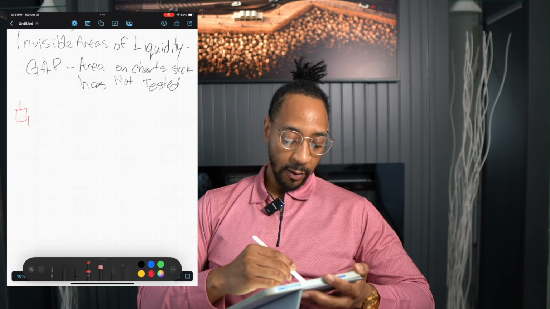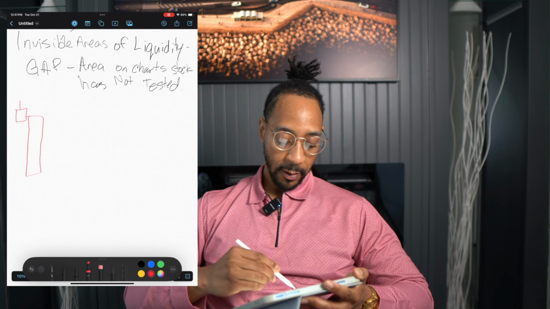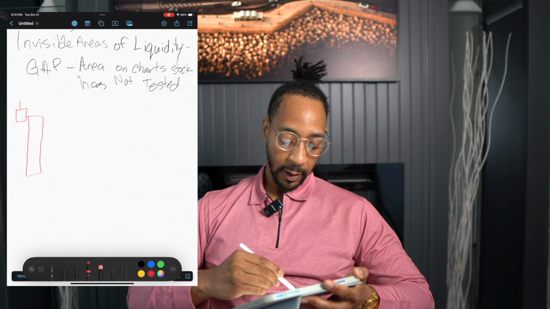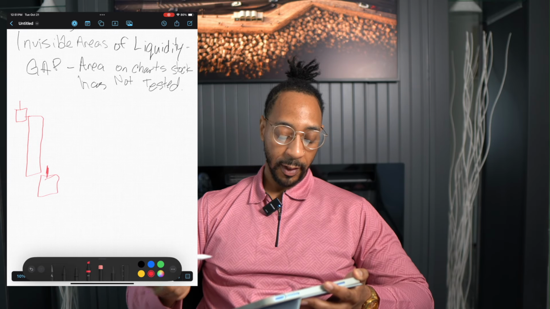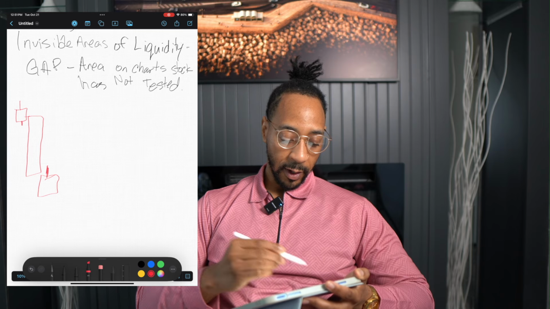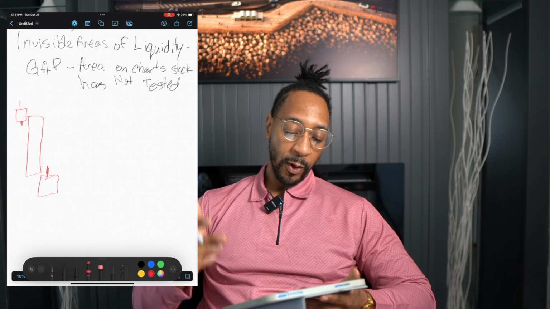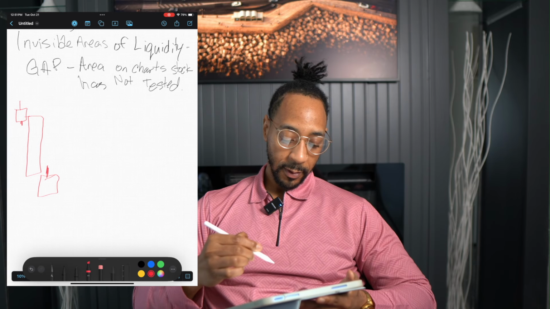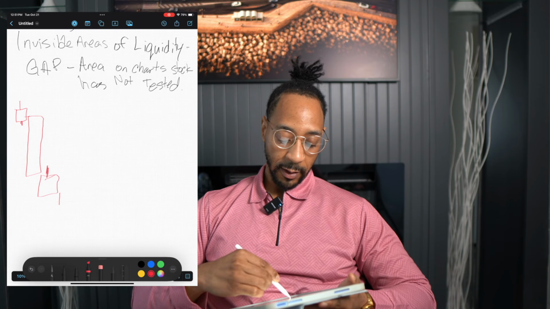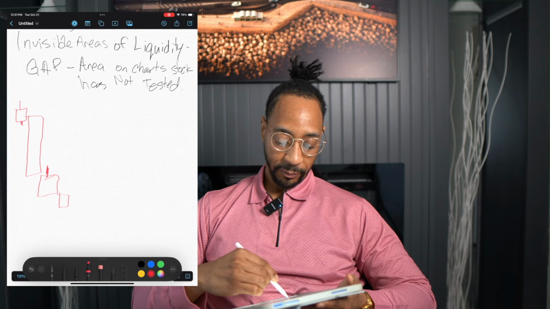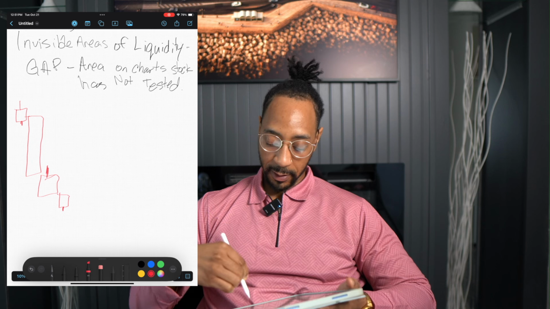And then it comes down here. And then we have a candle right here. Boom, right? And then we have a candle right, boom. And then let's say it comes down a little bit more. And it looks like that.